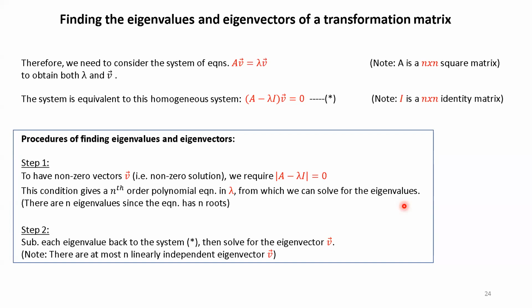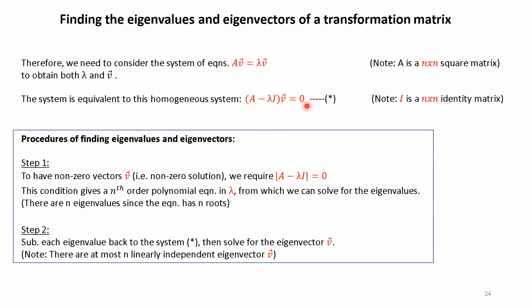Now suppose you have solved the polynomial and found the lambdas already. Then you substitute each lambda, one by one, back into the system. Suppose I substitute the first root of this polynomial back into this system.